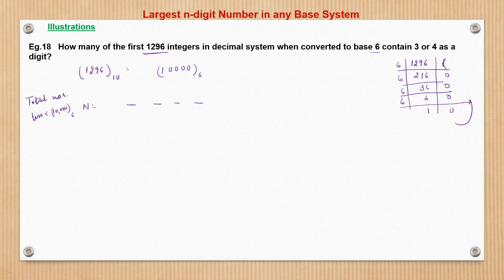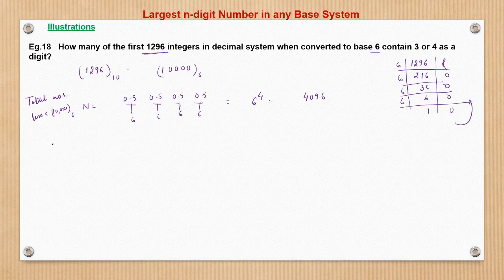Here each place can take 0 to 5, so 6 cases. This becomes 6 raised to power 4, which is 36 squared, which is 1296.